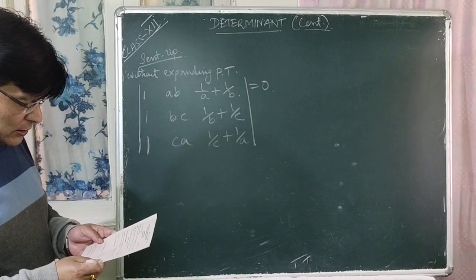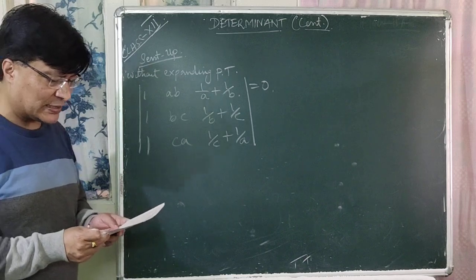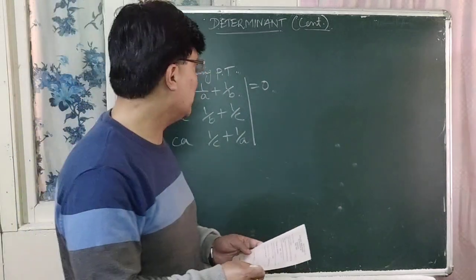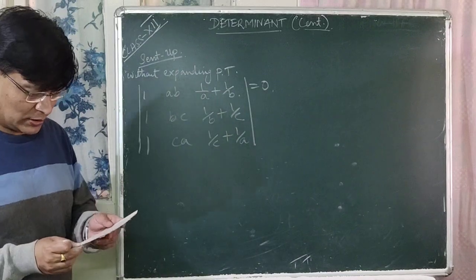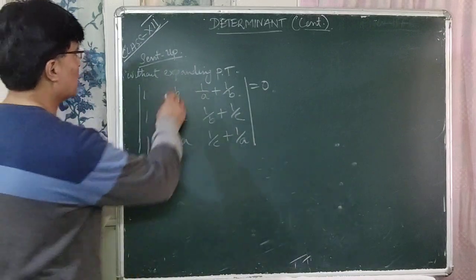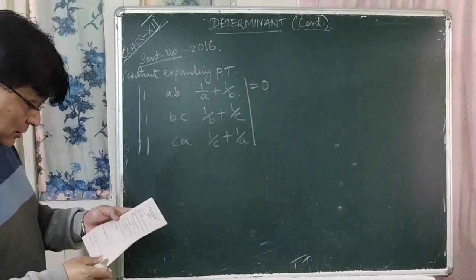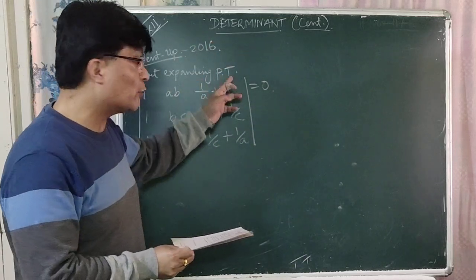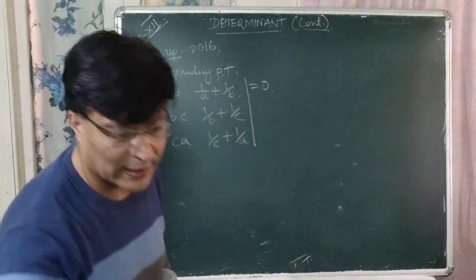This is from the sent-up question paper, that is Inter-School Higher Secondary Test Examination. Okay, so this question is from sent-up examination 2016. So in the question it is asked that without expanding you have to prove that this determinant is equal to 0.